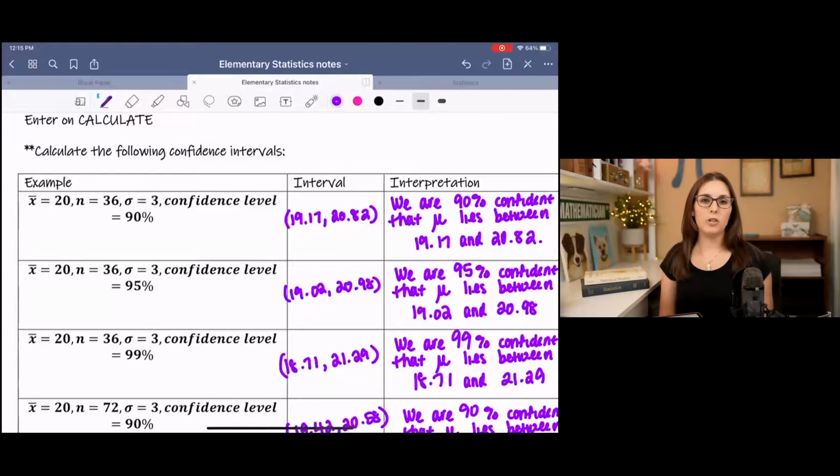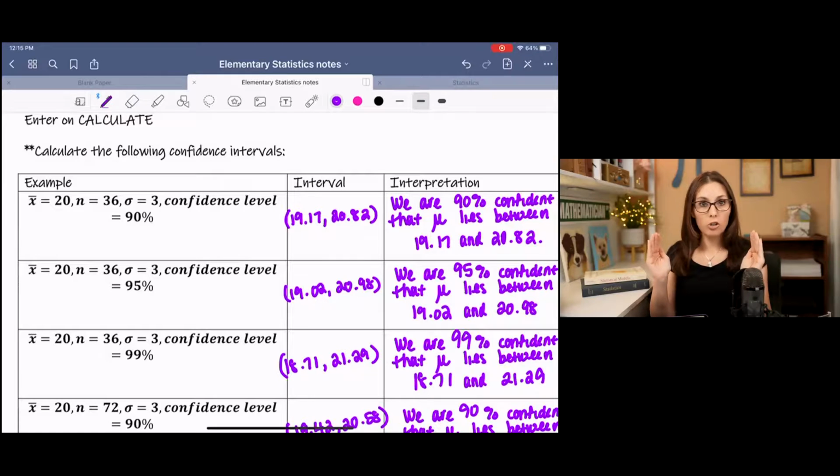It might help as you think about this to envision a number line. In the first example, we have 90% confidence, and that put us at 19.1 to 20.8. And then when we went to 95, our interval expanded a little bit. And then when we went to 99, it expanded even more.